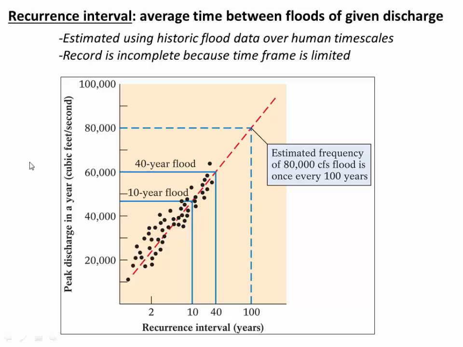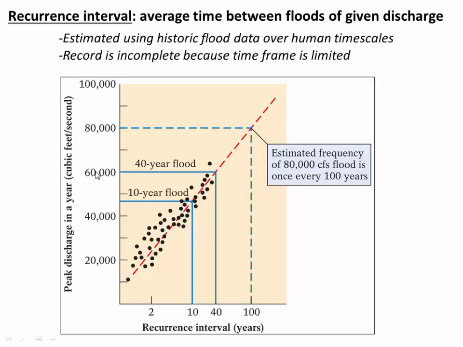Now, a couple things. This is obviously a statistical measure. This doesn't mean a 60,000 CFS flood occurs exactly every 40 years. It just means, on average, that's about the recurrence interval of that size flood. And it's important to understand also how these metrics are estimated.